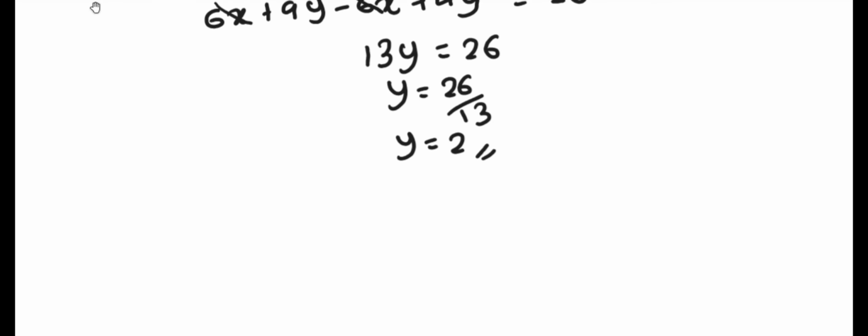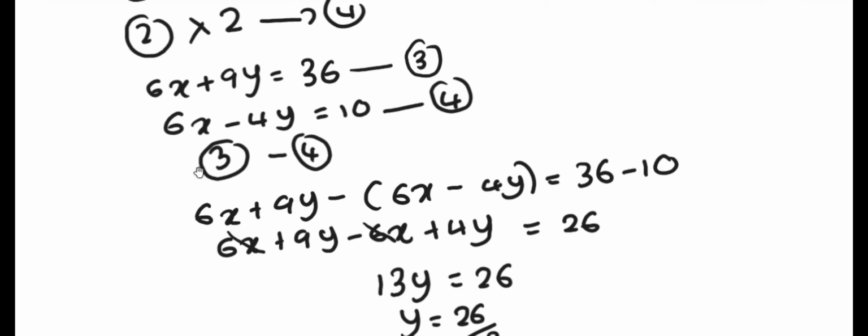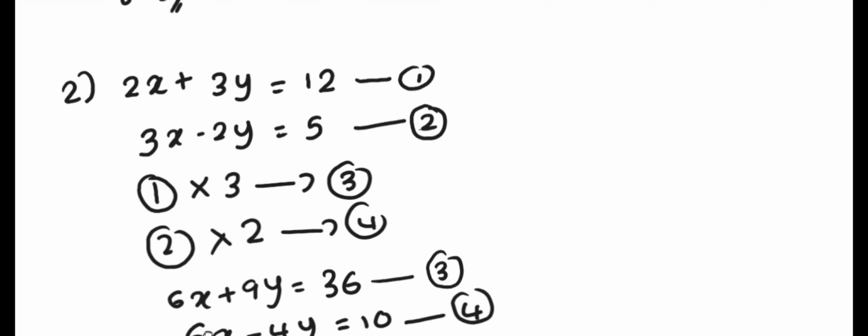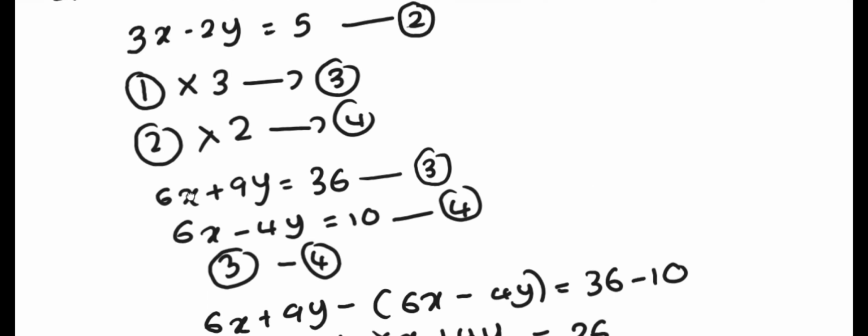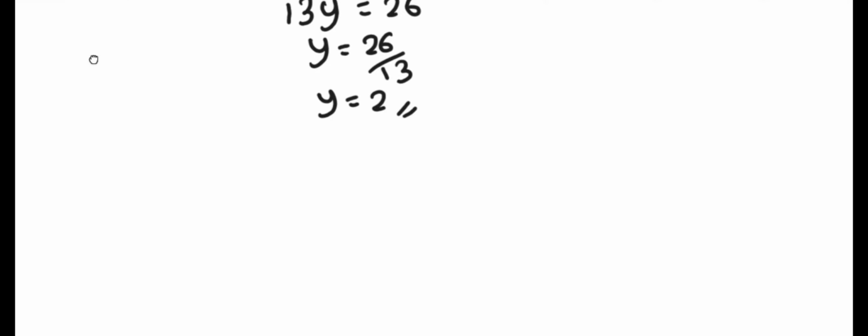Now we need to find the value of x. So I'm going to substitute y equals 2 into our first equation, 2x plus 3y equals 12. What is the first equation? 2x plus 3y, where y is 2, okay, equals 12.